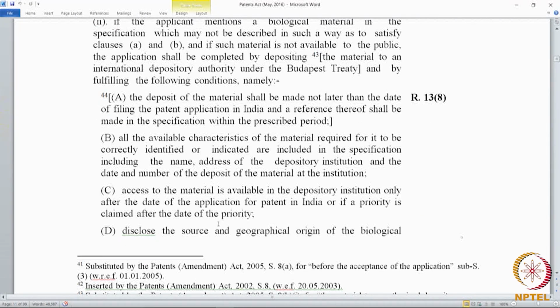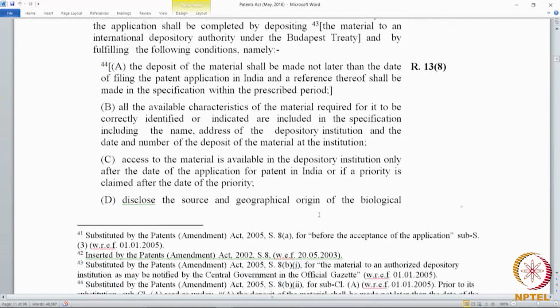And there are some requirements, as the specification shall include the name, address of the depository institution and the date and number of deposit of the material at that institution. So, once the biological material is deposited, there is a date on which that is done and a number which is given. So, those details have to be included in the specification.